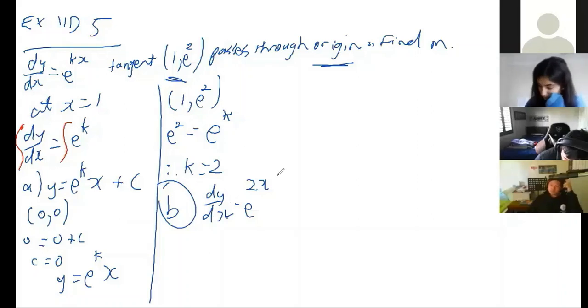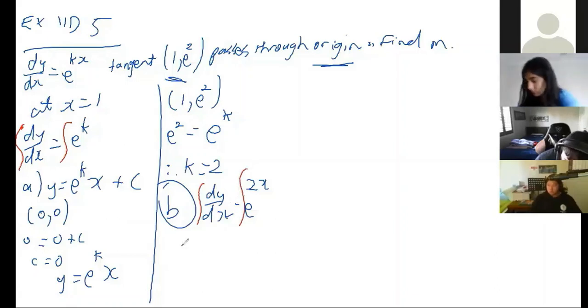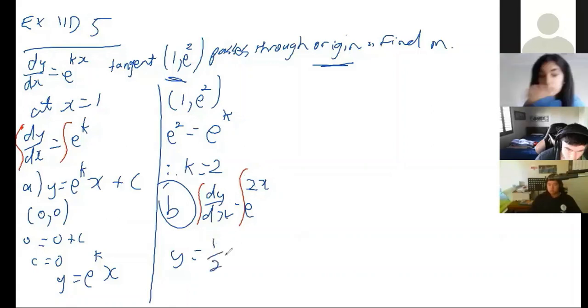I'll just put the integral sign up to go back to my curve. So I've got y equals, well, I differentiate the 2x, I get 2, and when I'm integrating, I go 1 divided by that answer. So 1 divided by 2, e to the 2x plus my c.